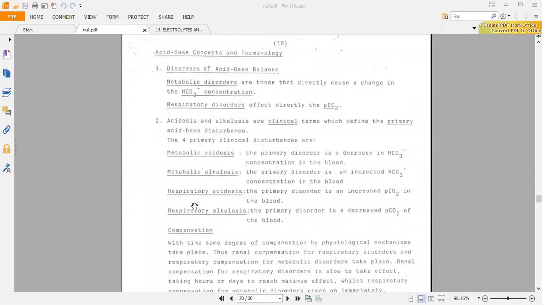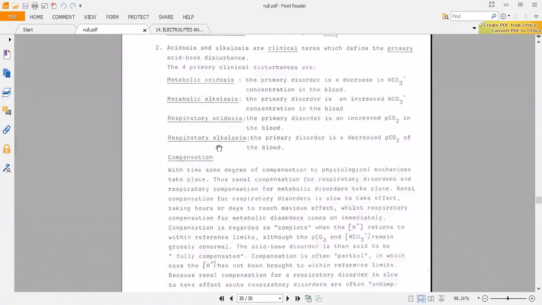We said the respiratory types have to do with the partial pressure of carbon dioxide, okay? So if you have respiratory acidosis, that means that the partial pressure of carbon dioxide has increased in the blood. If you have respiratory alkalosis, the partial pressure of carbon dioxide has decreased in the blood, okay?